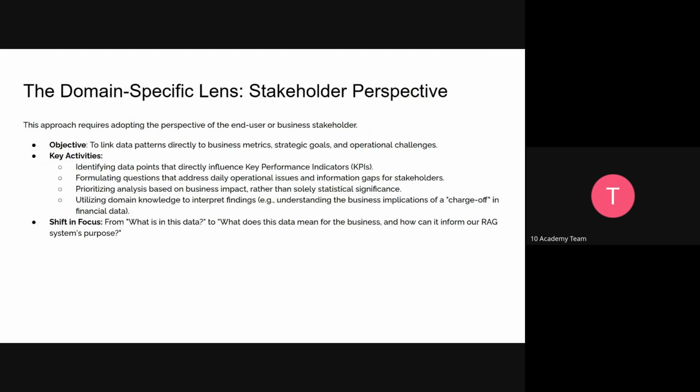This approach, the domain-specific lens, which is the stakeholder perspective, requires adopting the perspective of the end user or business stakeholder. The objective is to link the patterns directly to business metrics, strategic goals, and operational challenges.